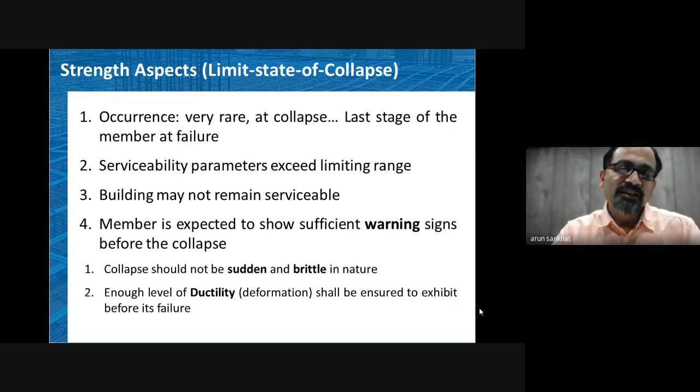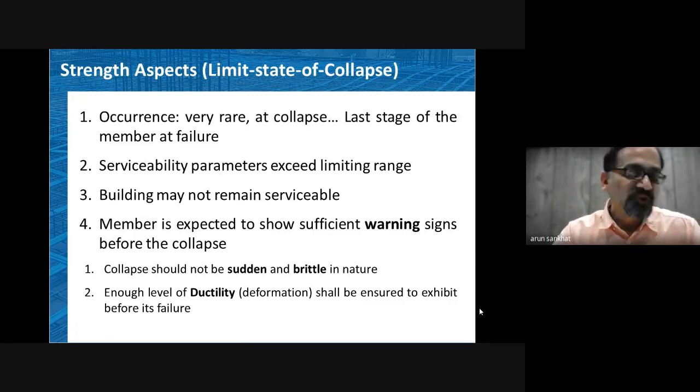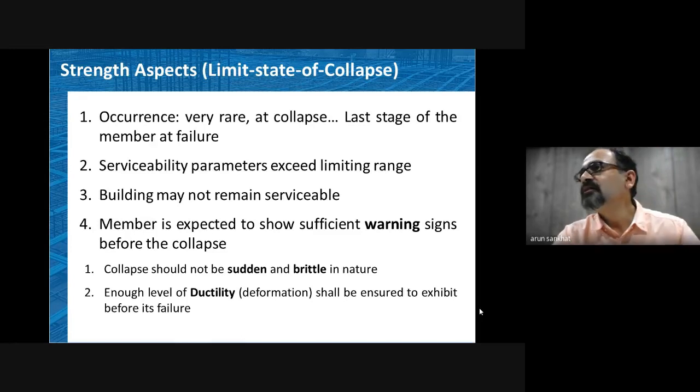So a member is expected to show sufficient warning signs before the collapse. It should show noticeable deflections, deformations, cracks, everything, so that it gives sufficient warning. Collapse should not be sudden and brittle in nature.